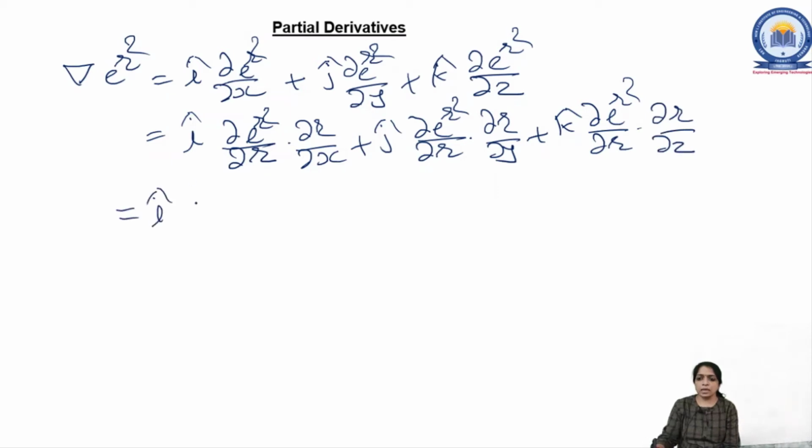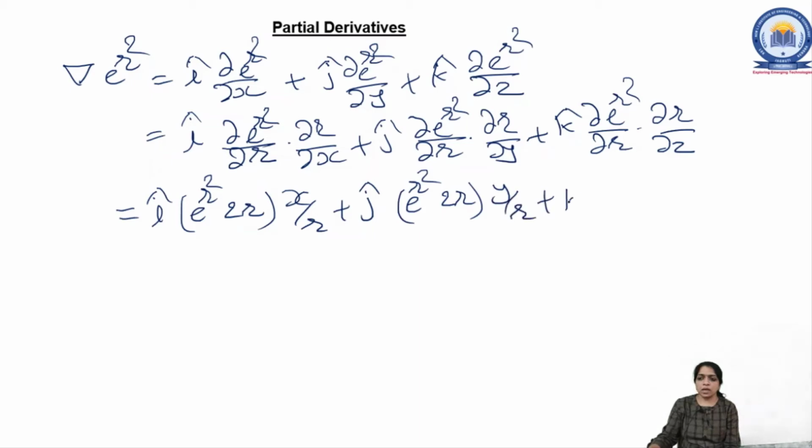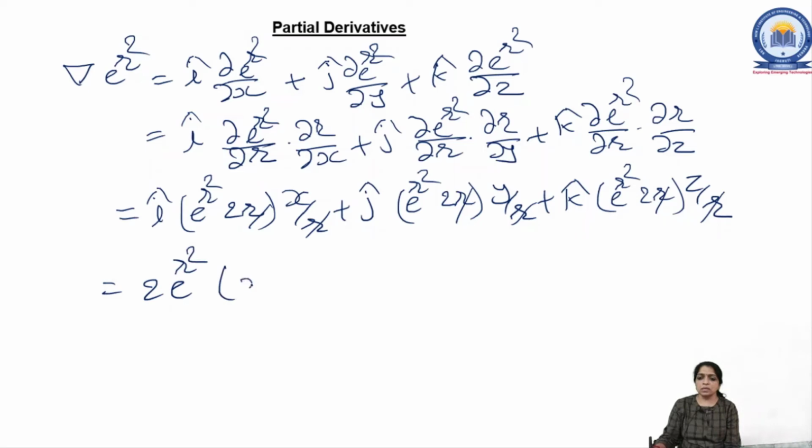So the derivative of e raised to r squared with respect to r is e raised to r squared into 2r, and here x upon r, plus j e raised to r squared into 2r into y upon r, and k e raised to r squared into 2r into z upon r. After simplifying, in all terms r will be cancelled, and after taking 2e raised to r squared common, the remaining terms are x into i plus y into j and z into k. So this is the final gradient answer for the given data.